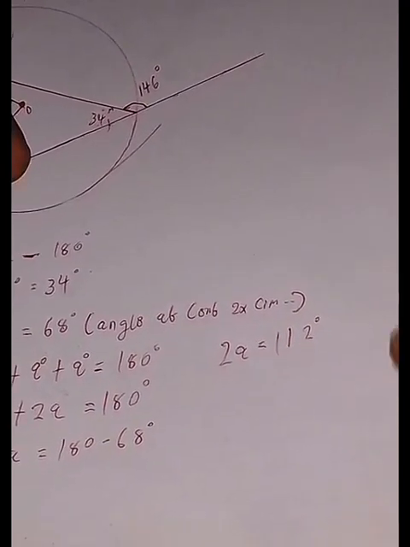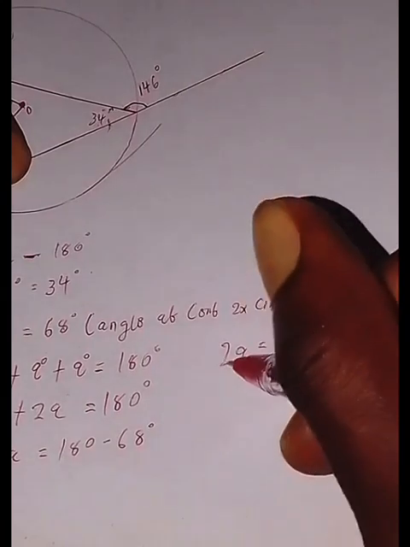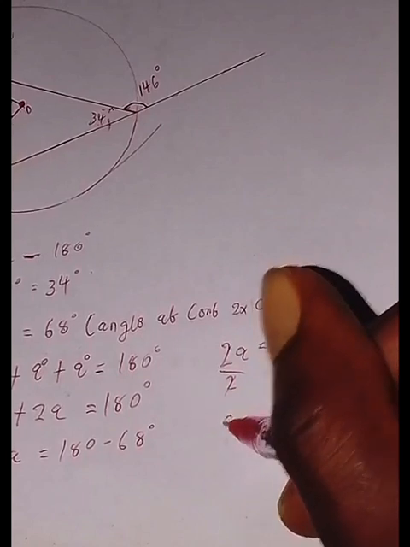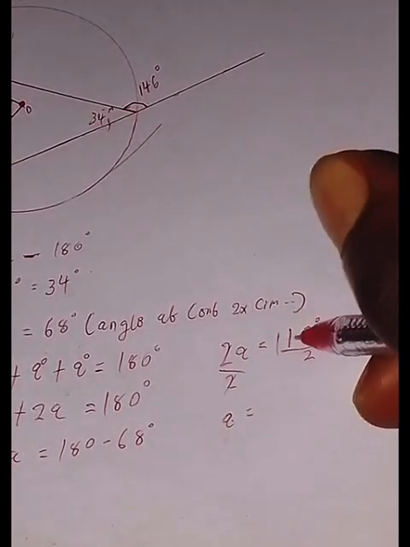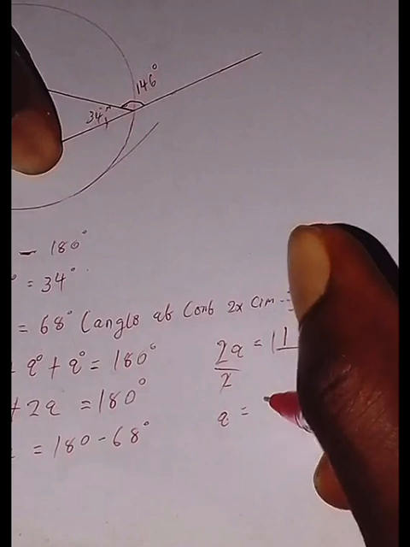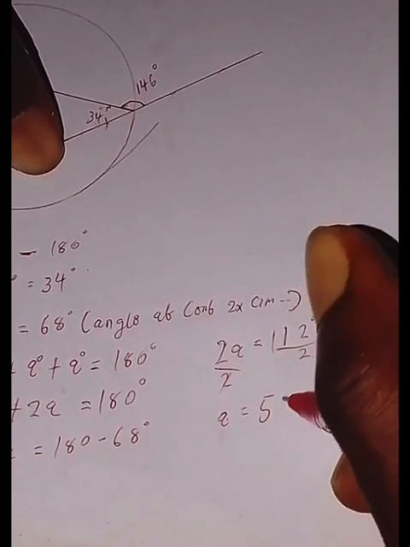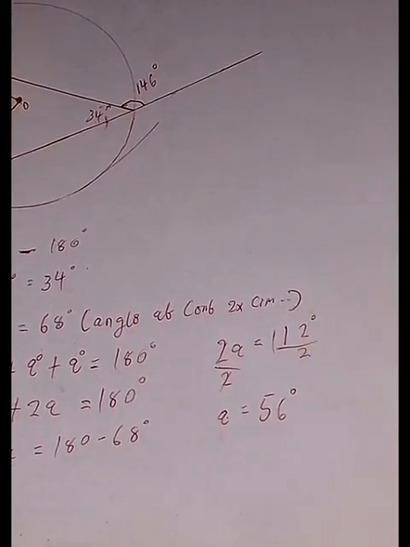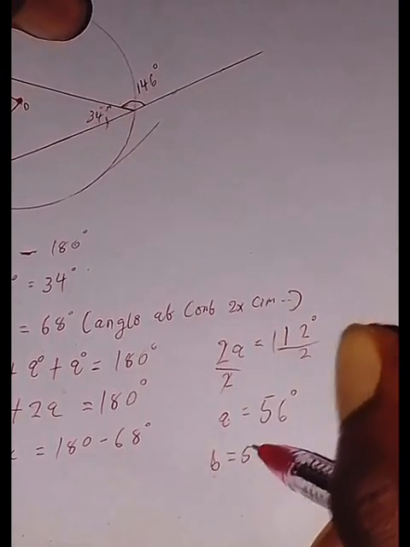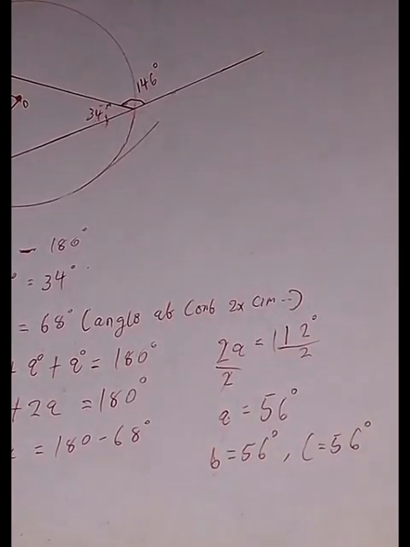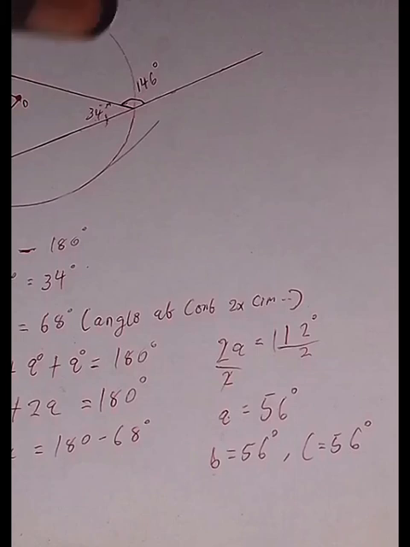112 degrees. So when we divide both sides by 2, the 2 cancels the 2 here. We have A equals 112 divided by 2, which gives us 56 degrees. So B equals 56 degrees and C equals 56 degrees.